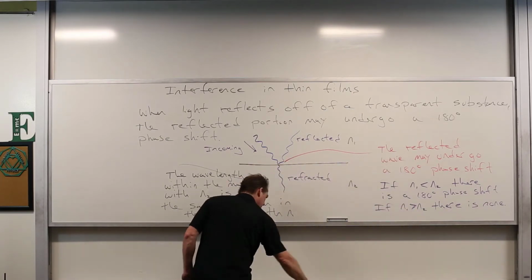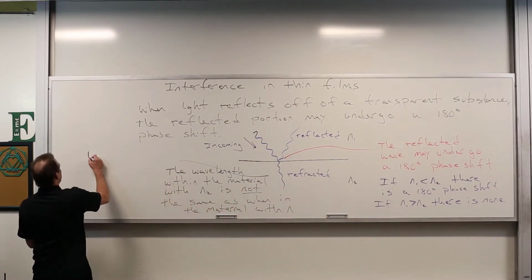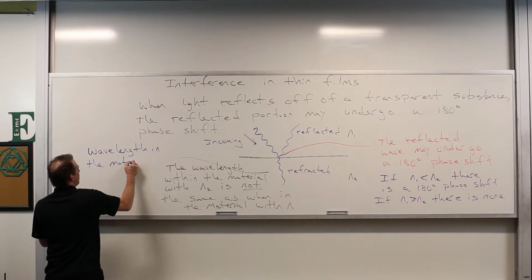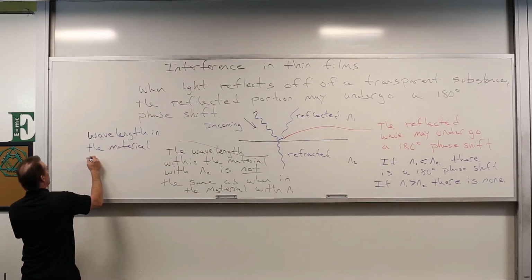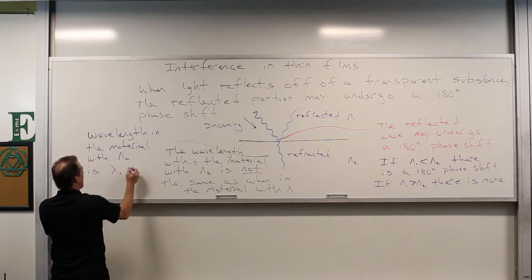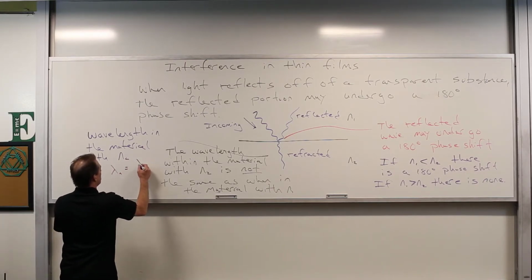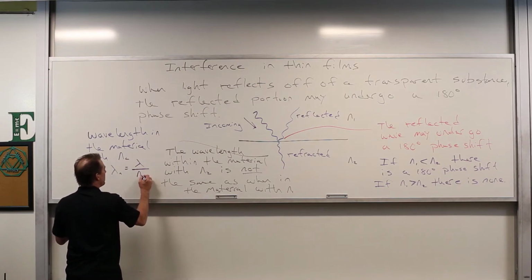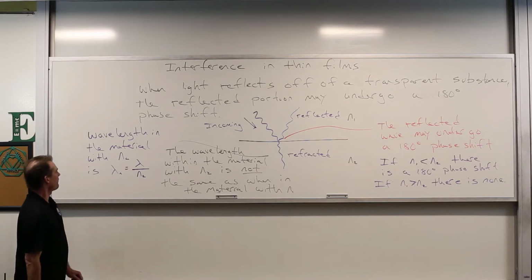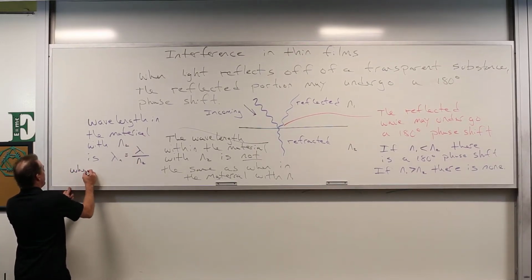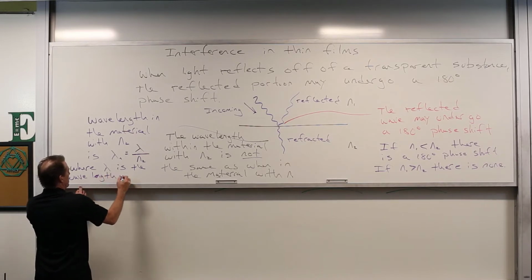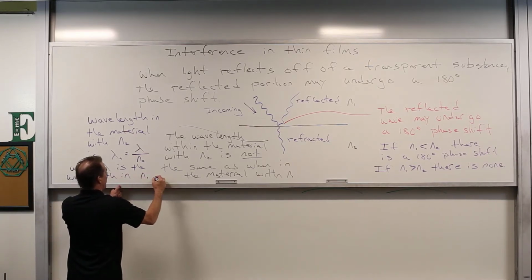Ultimately, the wavelength in the material N2 is lambda sub n, which is equal to lambda divided by N2, where lambda is the wavelength in the N1 material.